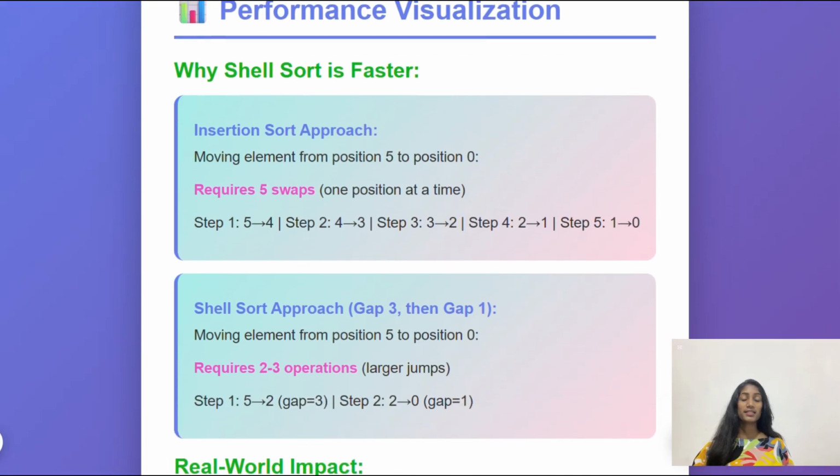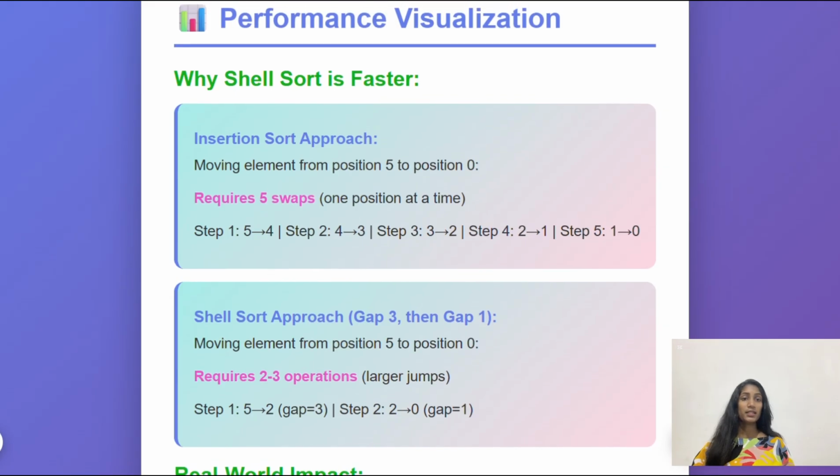First, look at the insertion sort approach. Imagine we want to move an element from position 5 to position 0. Insertion sort can move elements only one position at a time. So it requires 5 swaps.